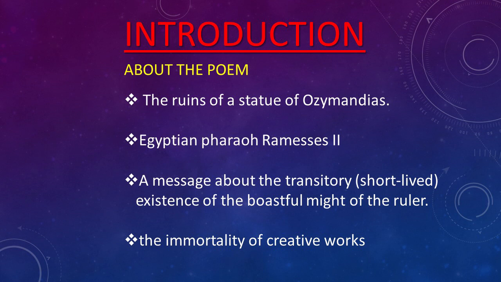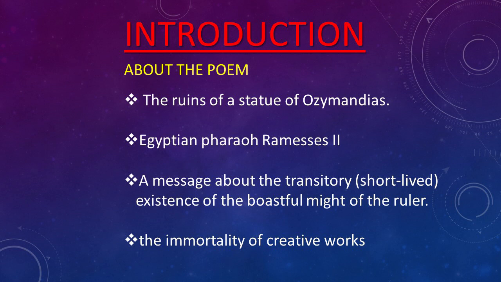In antiquity, Ozymandias was a Greek name for the ancient Egyptian pharaoh Ramesses II, who ruled from 1279 BCE to 1213 BCE. It's no surprise that the poem is named after him.